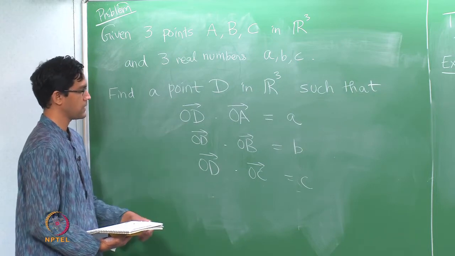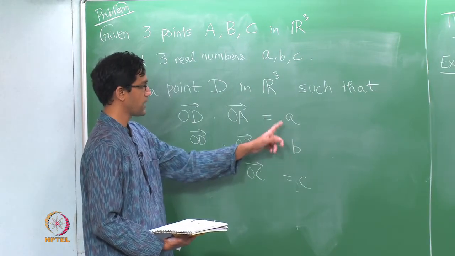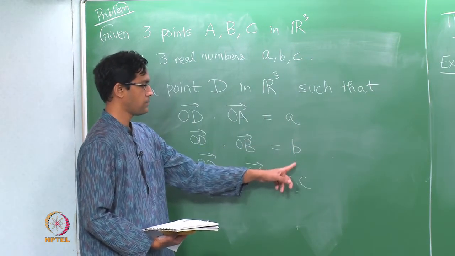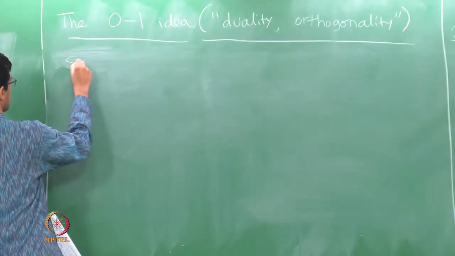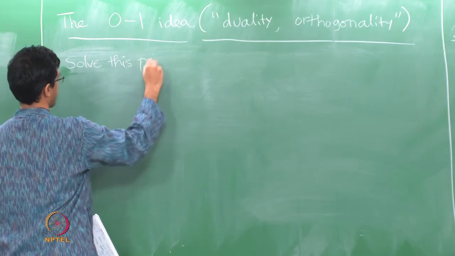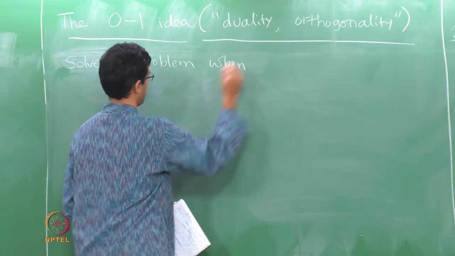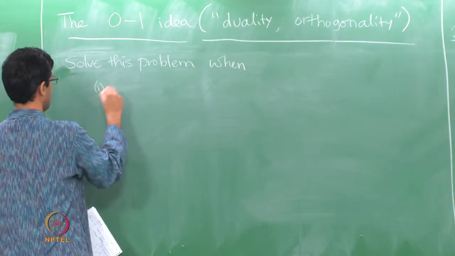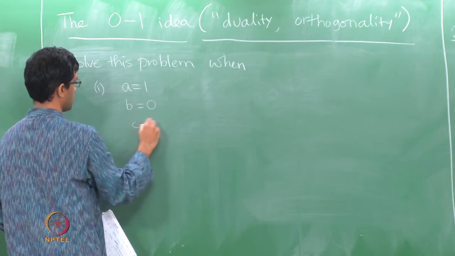So similarly here, let us solve a special version of this problem. Let us solve the case when A is 1 and B and C are both 0. Let us solve this problem when A equals 1, B equals 0, C equals 0.